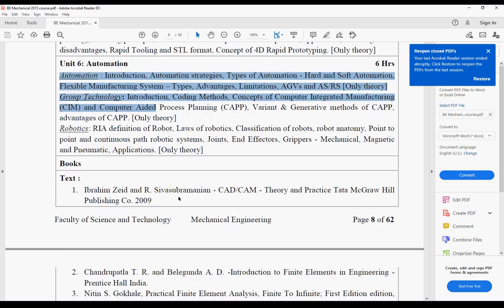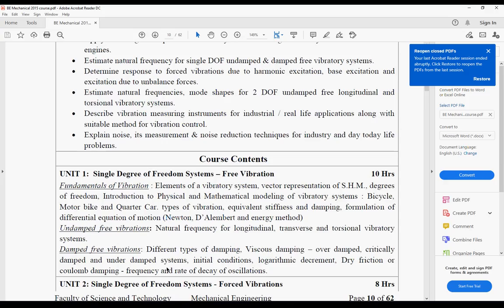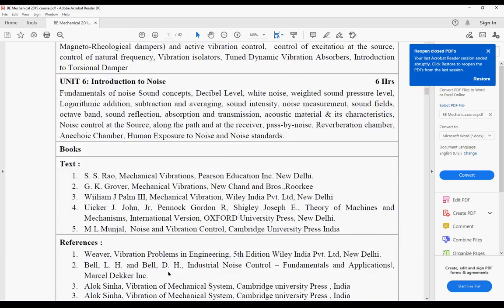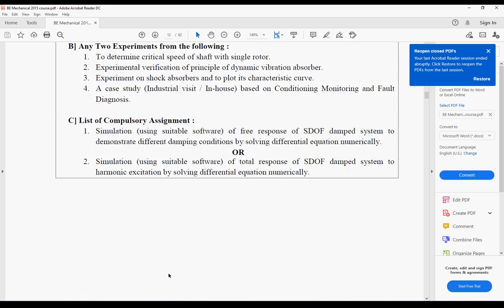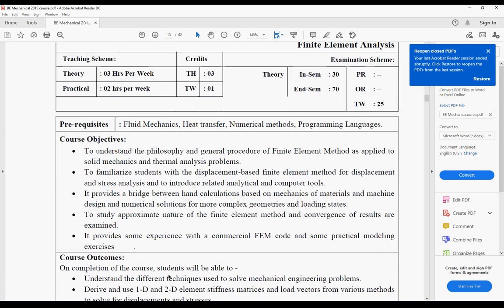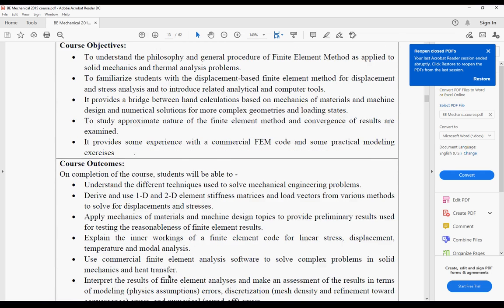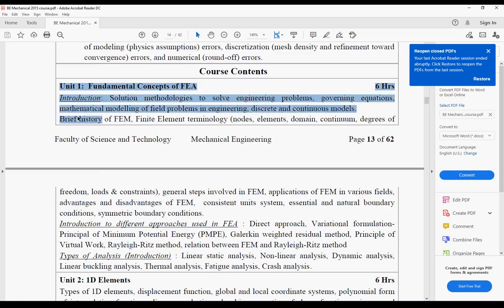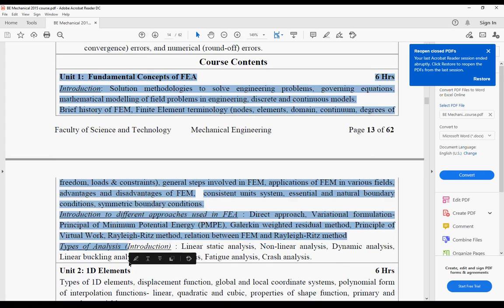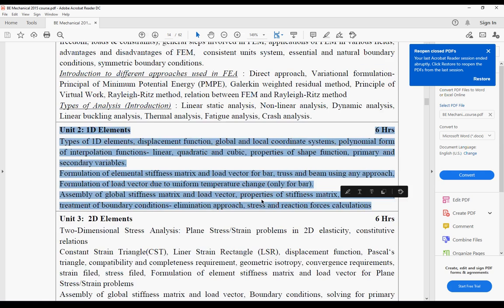Now we will go to FEM. Many of you will be part of FEM also. I already said that 60% of the syllabus is the same as far as CAD/CAM and FEM are concerned. So you are doing CAD/CAM, which means at the same time you are doing FEM. Units 1 and 2 are what we have covered, which is a part of your CAD/CAM.